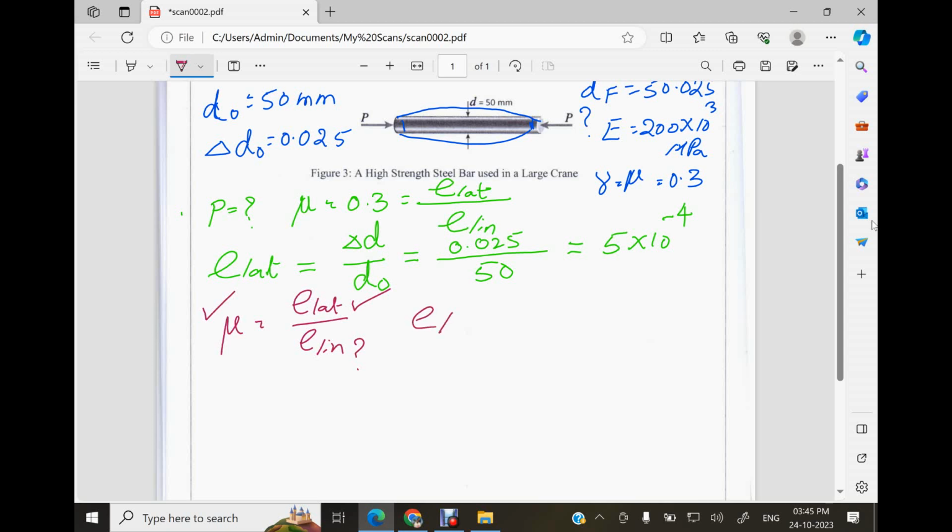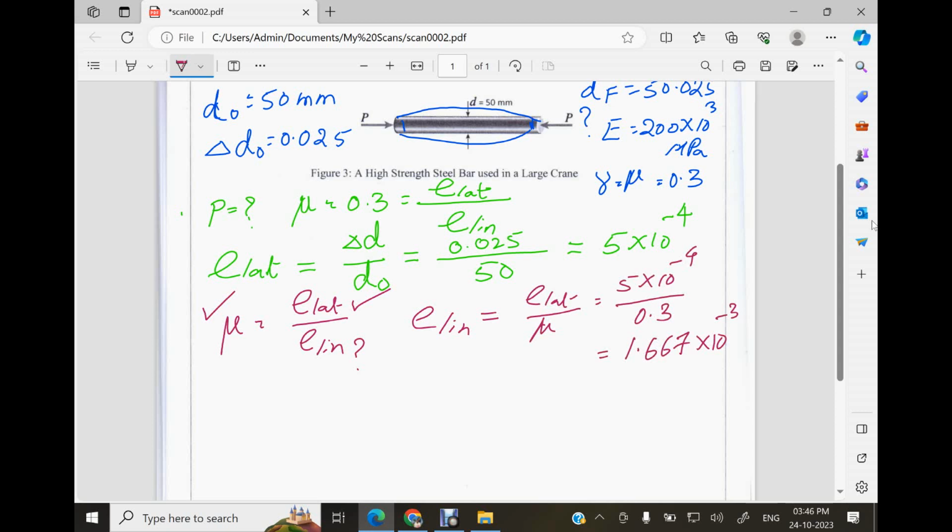E linear is equal to E lateral divided by mu, that is 5 into 10 to the power of minus 4 divided by 0.3. This gives me a value of 1.667 into 10 to the power of minus 3. Again, no unit because it is a strain, which is a ratio.